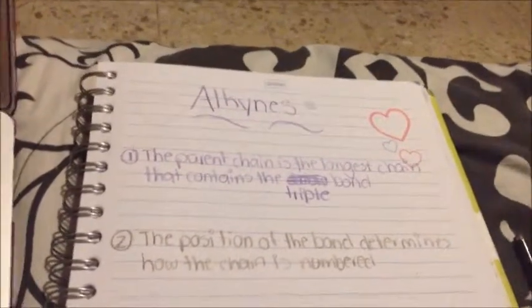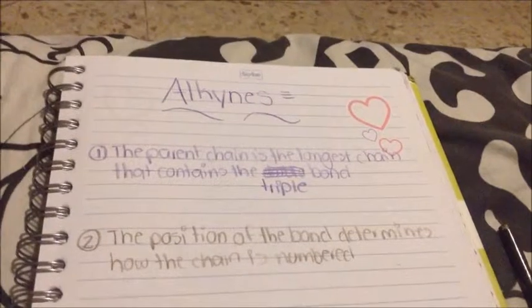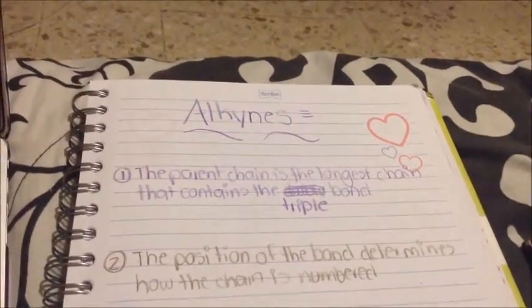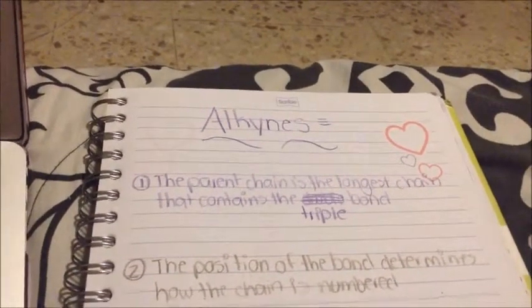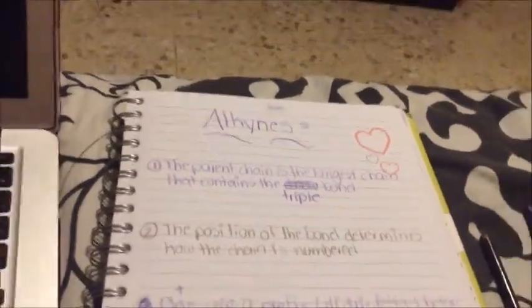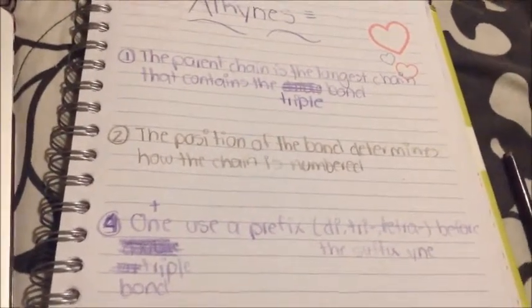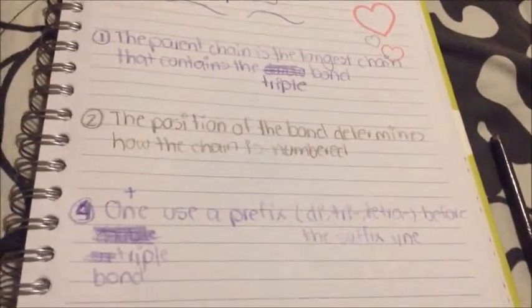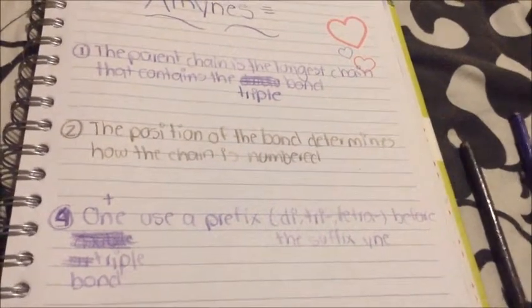The second step is that the position of the bond determines how the chain is numbered. That means that you have to number according to the place where the triple bond is located, using the lower number. Then, if you have more than one triple bond, you have to use a prefix, for example di, tri, tetra, before the suffix -yne.